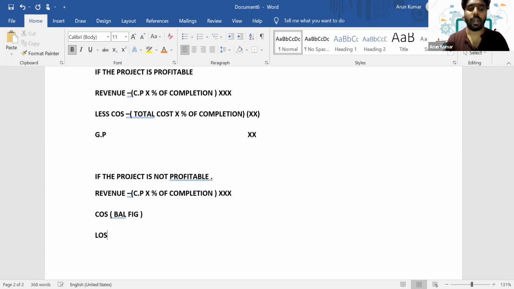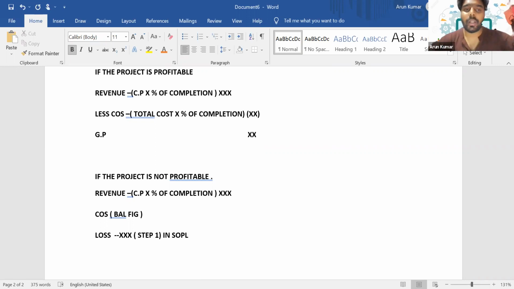and the whole loss which you have calculated in step number 1 will be recognized immediately in the SOPL. So if it's a loss, then we have to recognize the whole amount immediately in the SOPL.